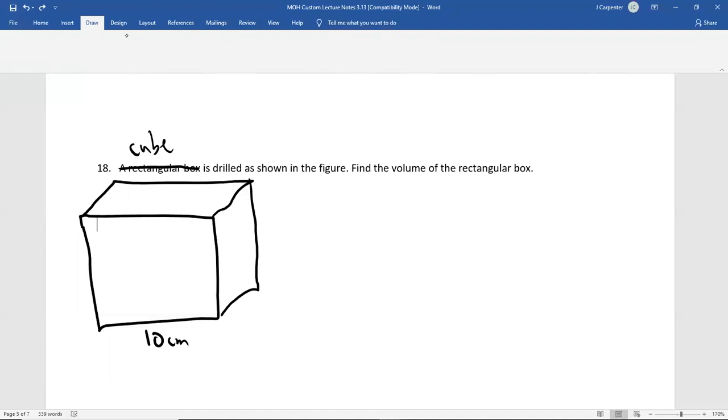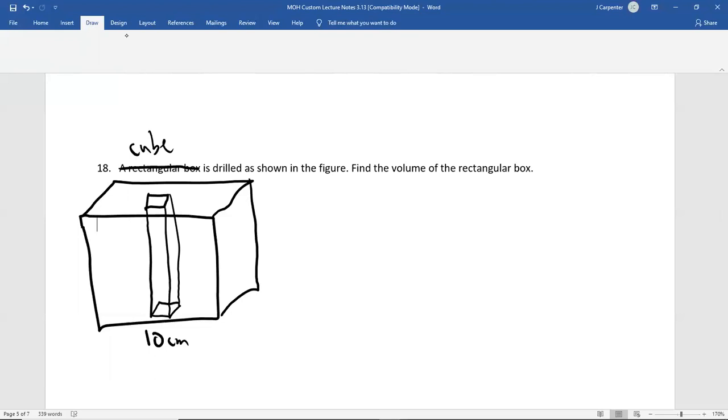So we're going to drill a rectangular hole in the center of this thing, and it's going to go from top to bottom. So again, this is a hole being cut out of the cube.